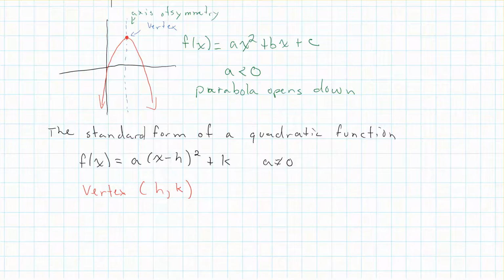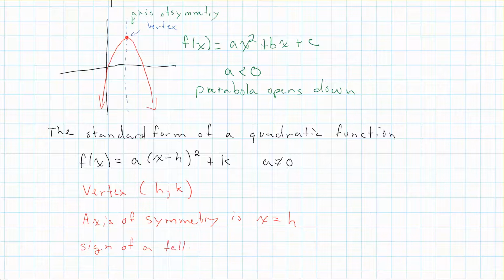And then we also have that the axis of symmetry is x equals h, and then a, the sign of a, tells us if it opens up or down.